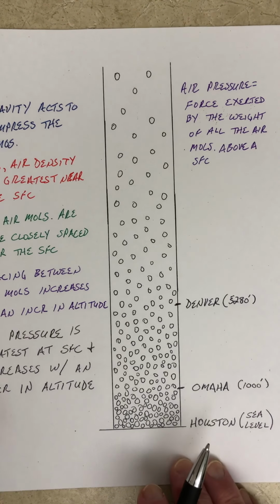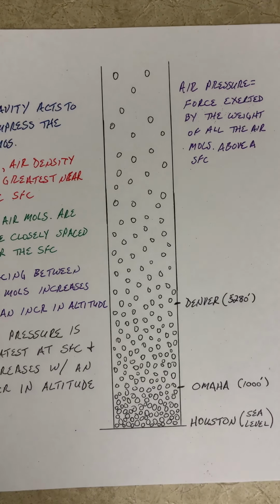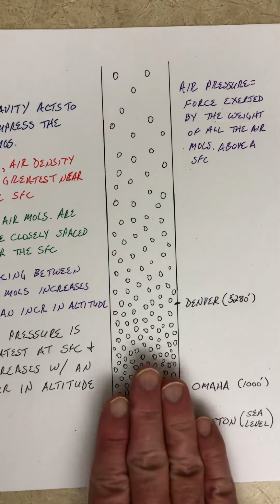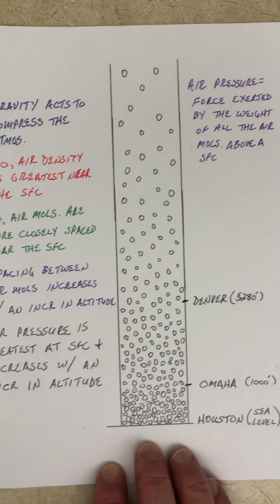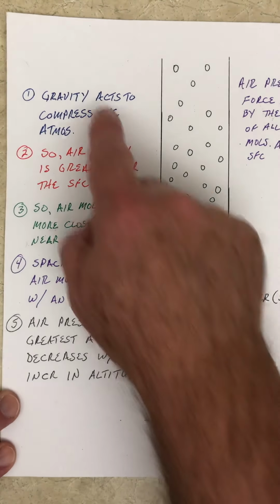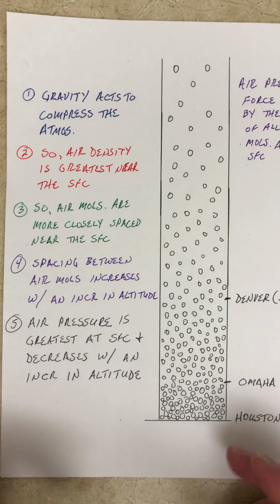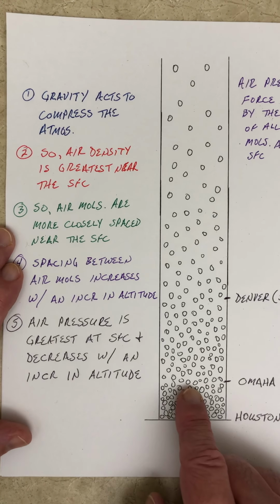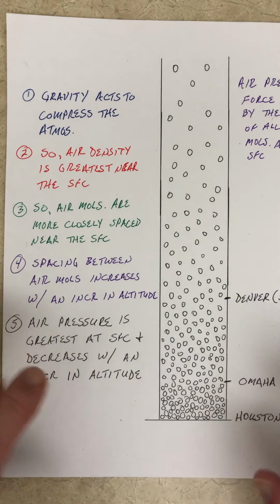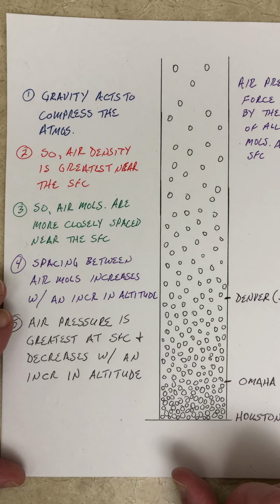Okay, so one more thing I want to state about this column of air, and it relates to our points here. So gravity acts to compress the atmosphere, so the density of the air molecules is greatest near the surface. So as a result, the air molecules are more closely spaced near the surface.